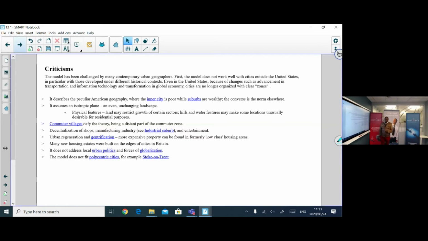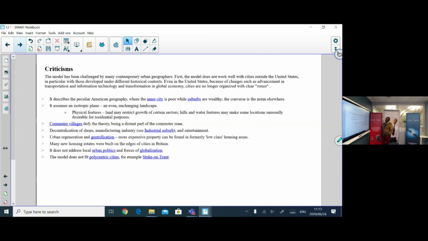Even in the United States, because of changes such as advancement in transportation and information technology and transformation in the global economy, cities are no longer organized with clear zones, with zones put in quotes here, so you don't necessarily have an industrial zone or a residential zone. Any land as you move through the city can become a zone for something else. Where it used to be residential, you will find that it changes.